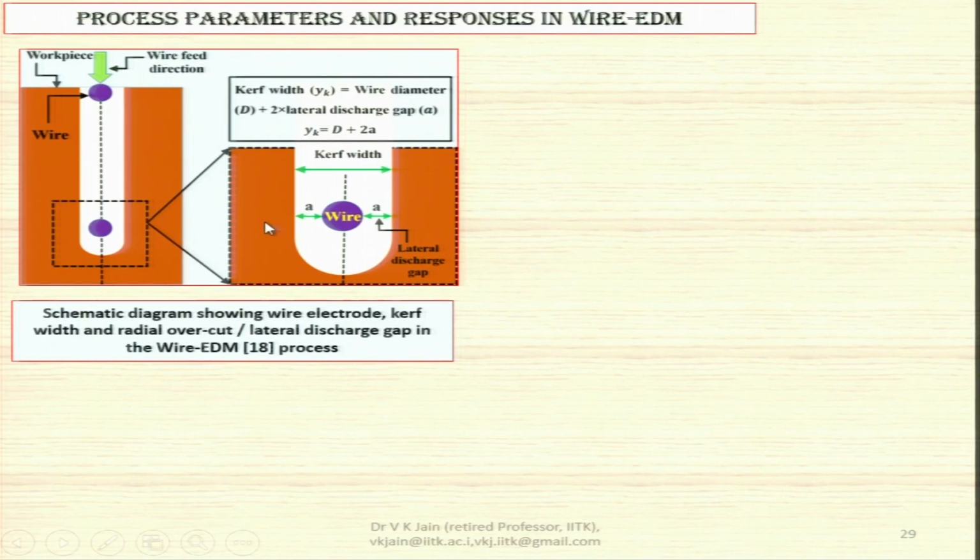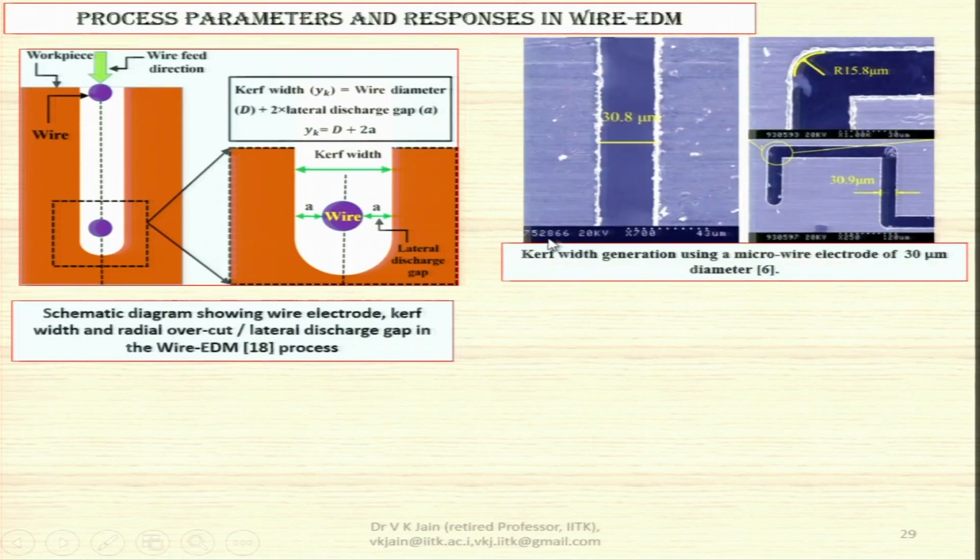So you can see here, this is the A, that is the inter-electrode gap, you can say in some sense, at this point, that is the gap between the wire surface and the surface being machined, and this is known as kerf width. So kerf width is equal to wire diameter plus 2 times lateral discharge gap A, that is, Yk is equal to D plus 2A.